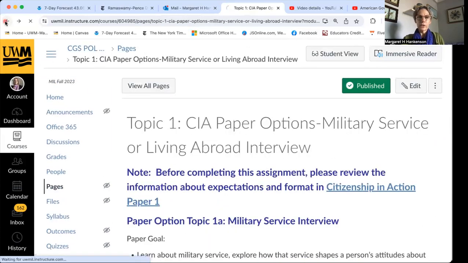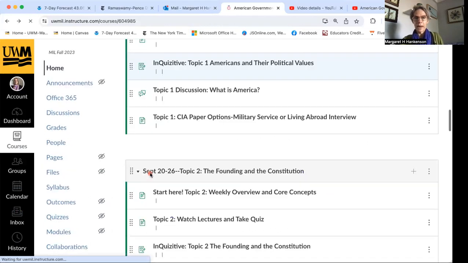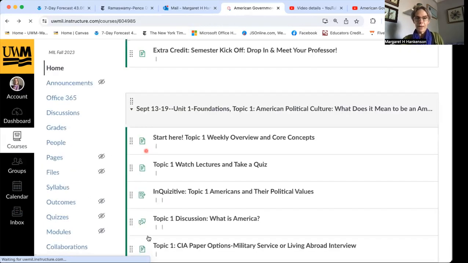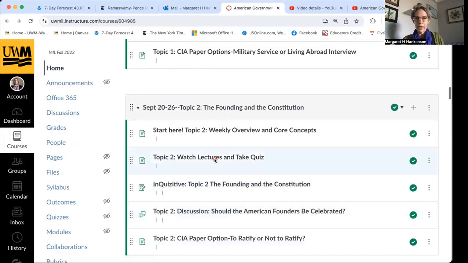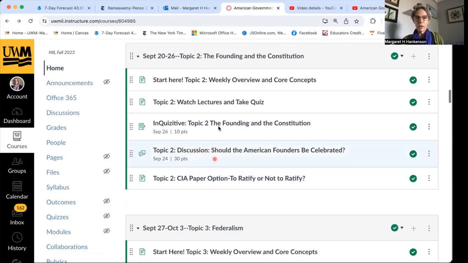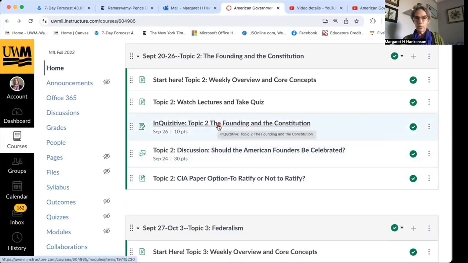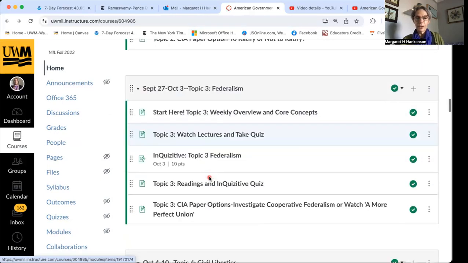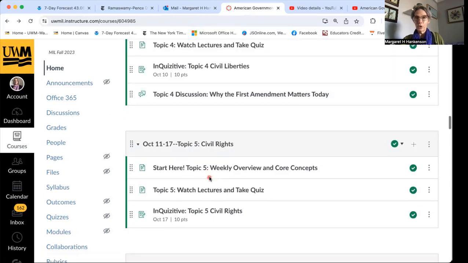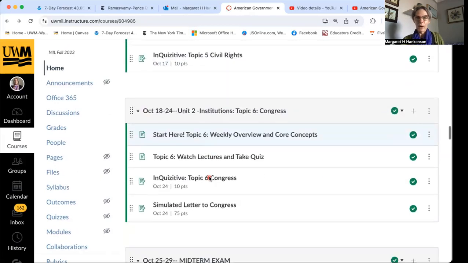That is basically how our Canvas site is organized. It goes weekly, by topics. Almost every topic is organized the same way. Start here. Here's your lecture and lecture quizzes that you can take. Here's your Inquisitive quiz. If there's a discussion, it'll be here, etc. I will leave it up to you to take a look at all of these.